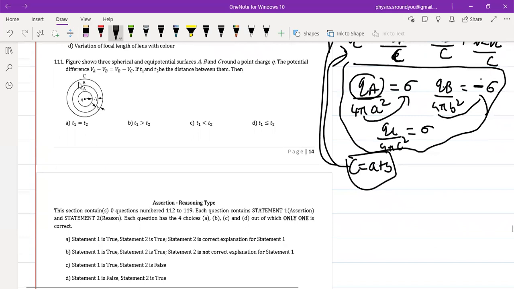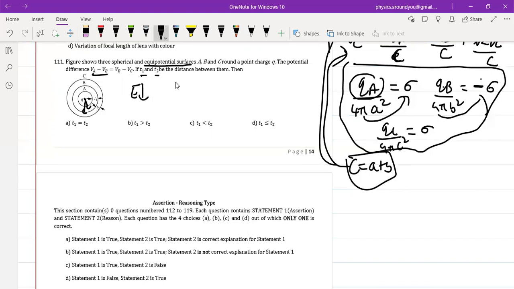Now, question number 111. Question 111 deals with equipotential surfaces and potential difference: VA minus VB is the same as VB minus VC. If T1 and T2 are the distances between the equipotential surfaces, we know that as I go away from the charge, the electric field reduces.